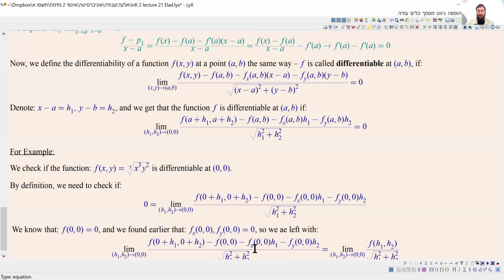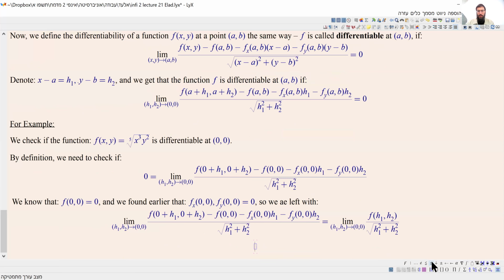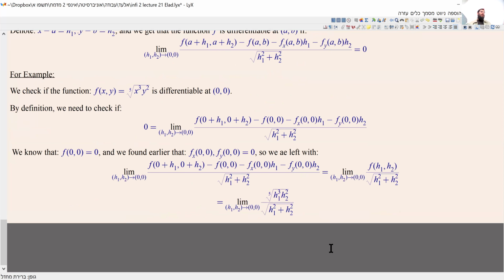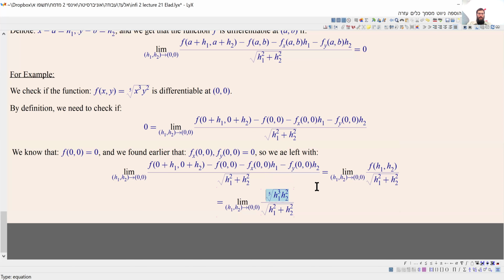And we know what f of (h1, h2) is. It is the square root, no, it's this weird root. It is the fifth root of h1 cubed, h2 squared. Now, how do we know that the limit exists and it is 0? How do we know it does not exist? Yeah, we talked about it last lecture. We intuitively consider the degrees of the numerator and denominator.